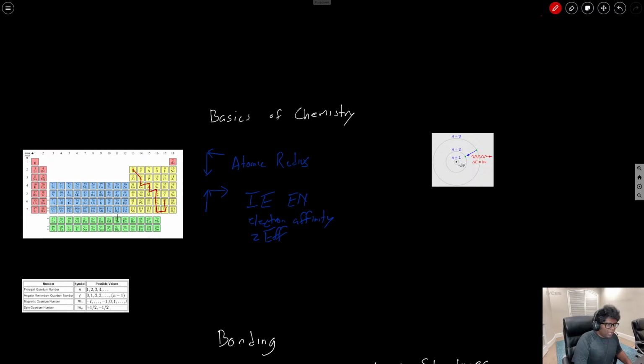So the reds, we're talking about orbitals here. The reds will be in the s orbital. The yellows will be in the p orbitals. The blues are the d orbital. I probably shouldn't have switched to white; I'll change that to red.